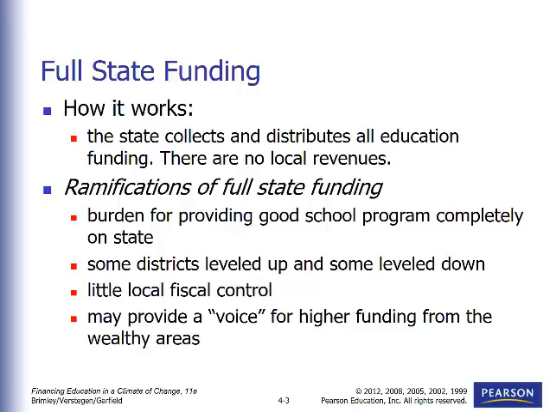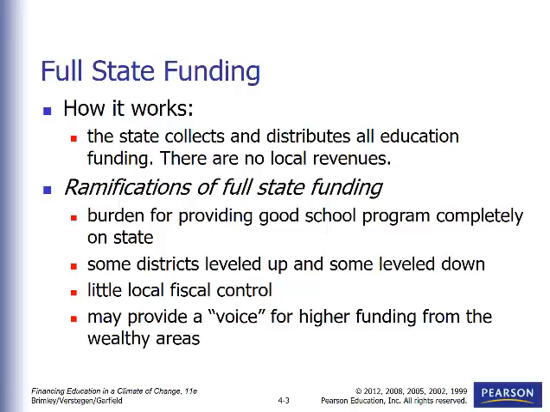So the first type of state school funding is what is called full state funding. How it works is straightforward. The state collects and distributes all education funding. There are no local revenues. Now, obviously, we don't do this in Oklahoma because, as you'll be working on in the next couple of weeks, you're going to be looking at all the local revenues that are generated by a district in Oklahoma.